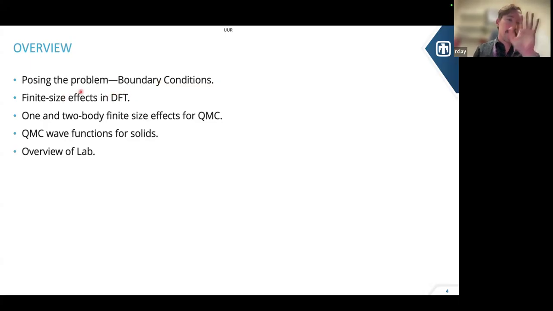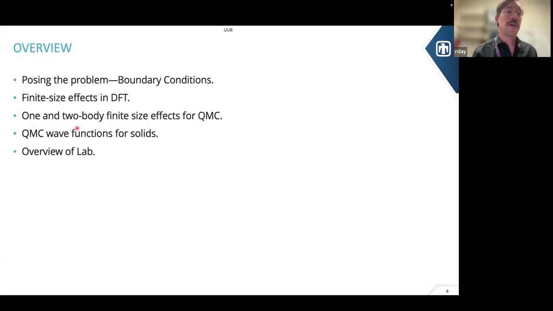We'll start talking about the finite size effects in density functional theory, like how you mitigate these. And that will provide a very nice stepping stone for dealing with analogous finite size effects in QMC, but then also some totally new finite size effects. And then that's probably going to be most of the theory heavy stuff.